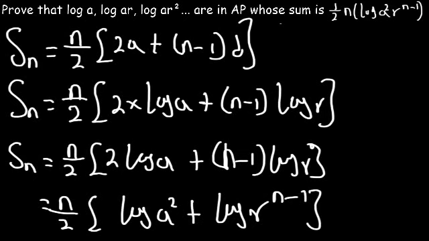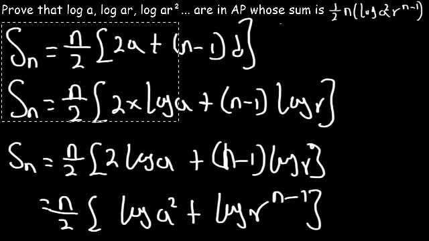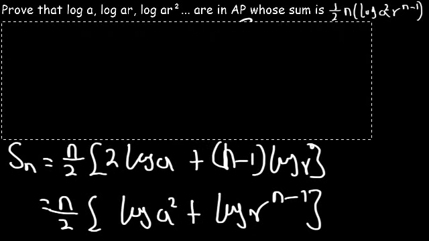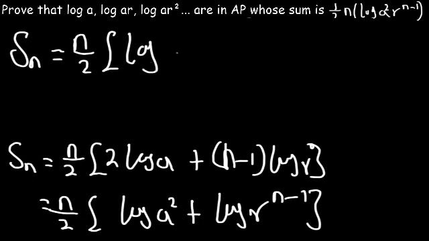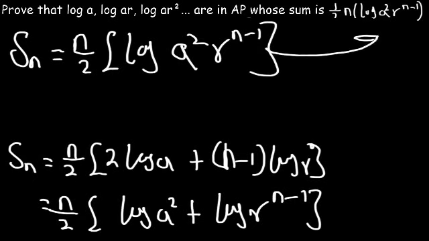And the last identity we are going to be applying is that when two logs are summing each other, you can take one log and multiply their values. S sub n equals n by 2, then log of a squared times r to the power n minus 1. Just try to correspond to this. And therefore, the statement has been proved. And this is also the final solution to this problem as well.